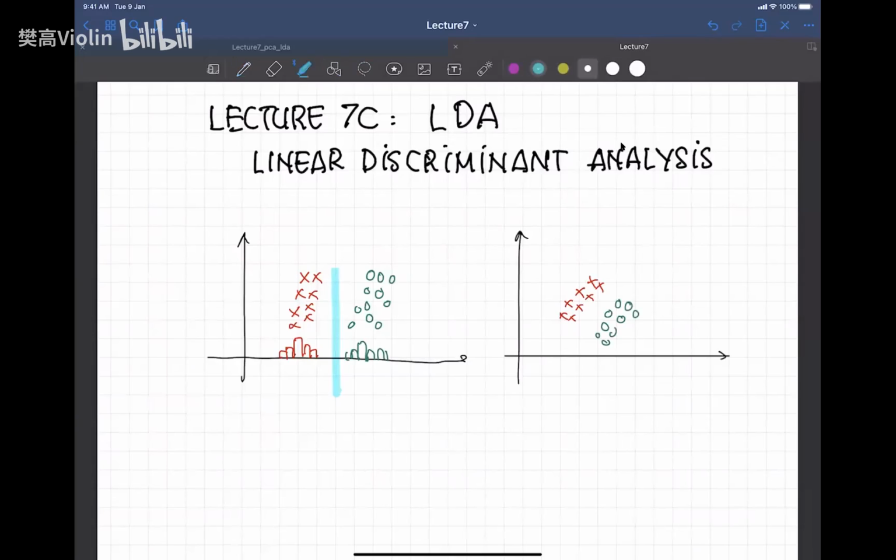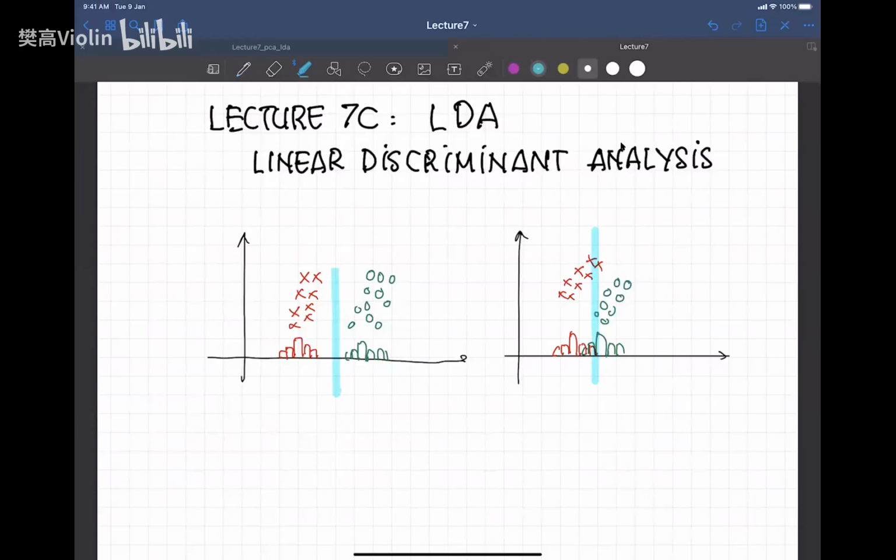In this case, if you do the same projection again, then it will overlap. And if it overlaps and you do the classification, it will be wrong for some points.